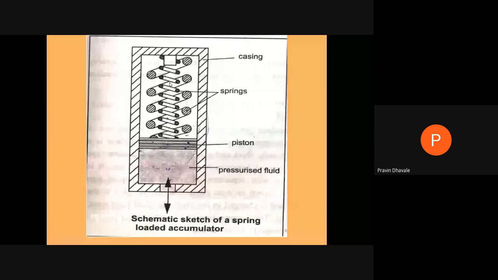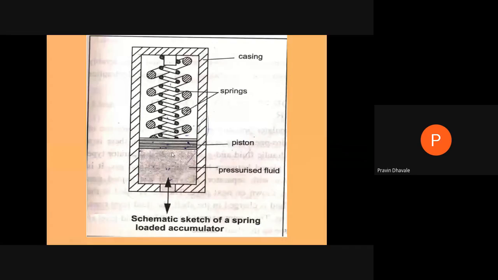in a spring. As this piston compresses the spring, the fluid coming out from the pump will be passing into the space within this accumulator. So whatever fluid is stored in the accumulator will get pressurized because of the tension on this spring, right?